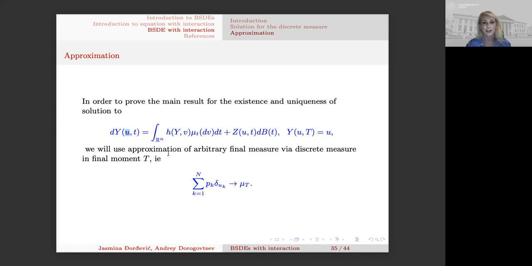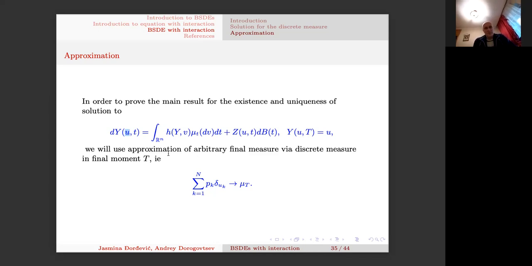Maybe some other question. If not, I also have a comment. Of course, we will look at the more general drift coefficient, but my plan was to solve some control problems for ordinary stochastic differential equations with interaction. It is desirable to optimize some functional of mu_t, the measure at the final point.